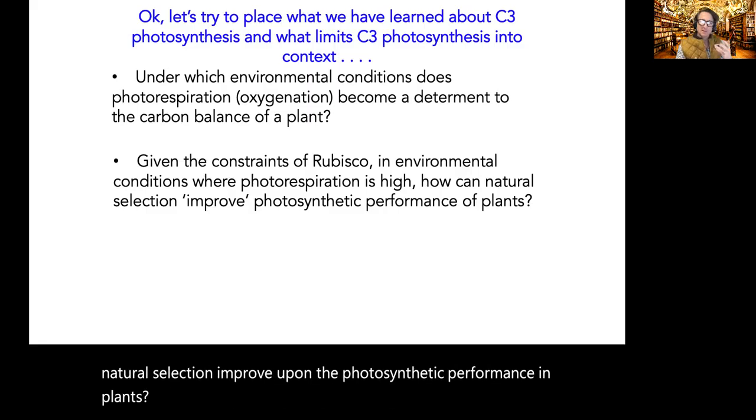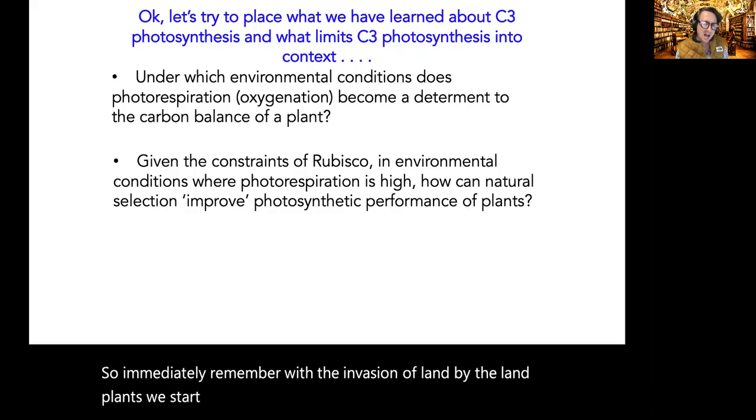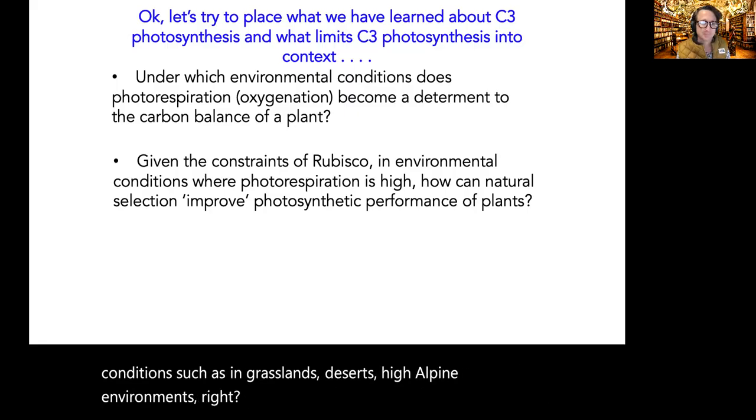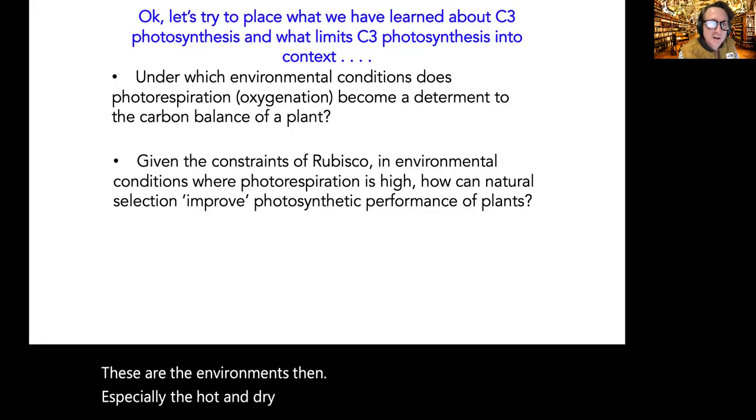Immediately, remember, with the invasion of land by the land plants, we start to see in hot, dry, high light conditions, such as in grasslands, deserts, and high alpine environments, these are the environments, especially the hot and dry environments, where C3 photosynthesis starts to show some limitations.